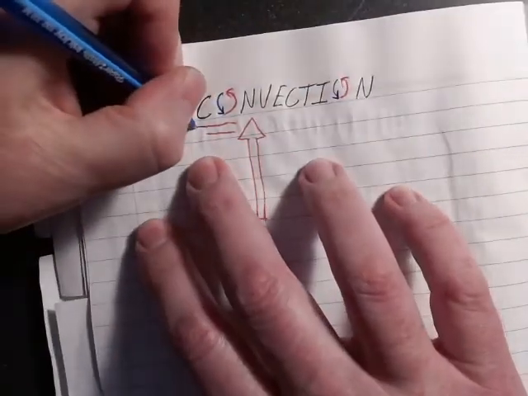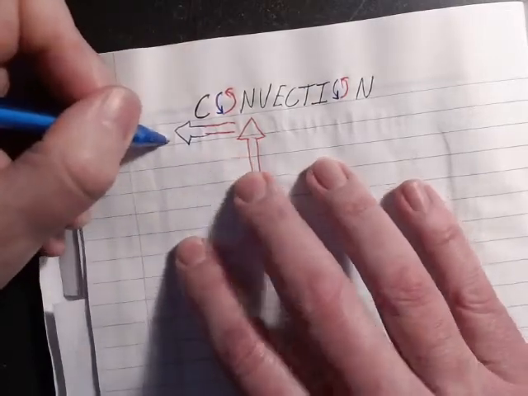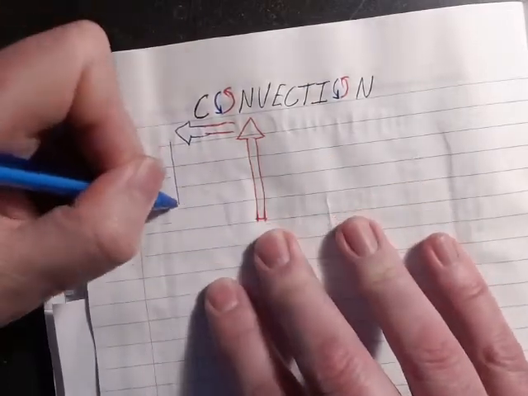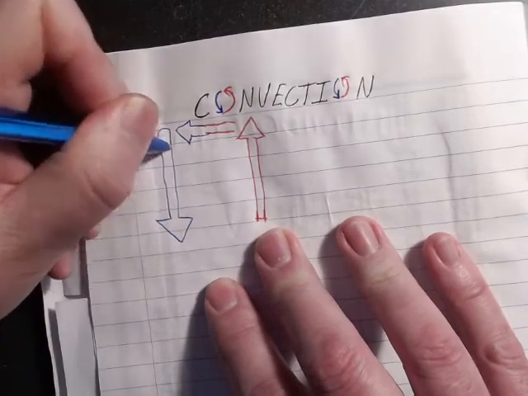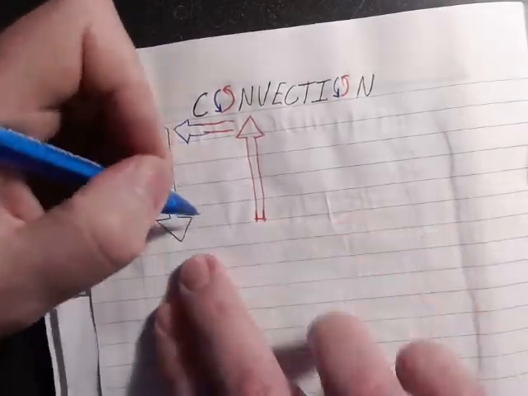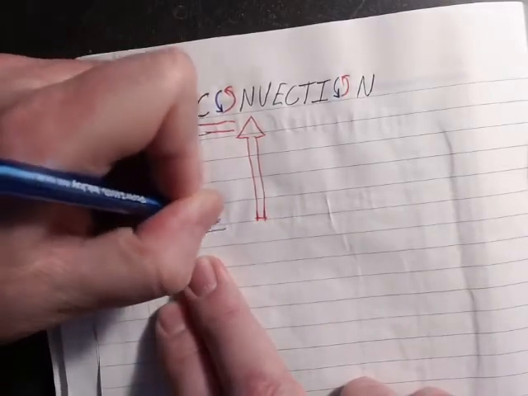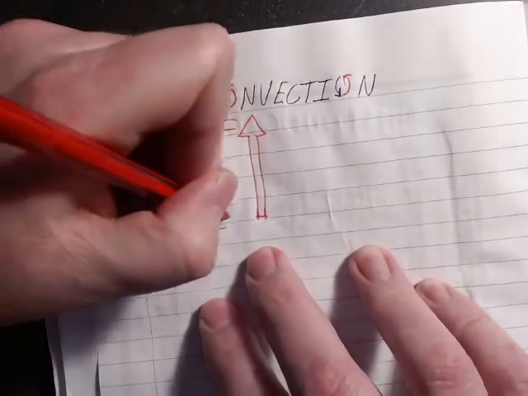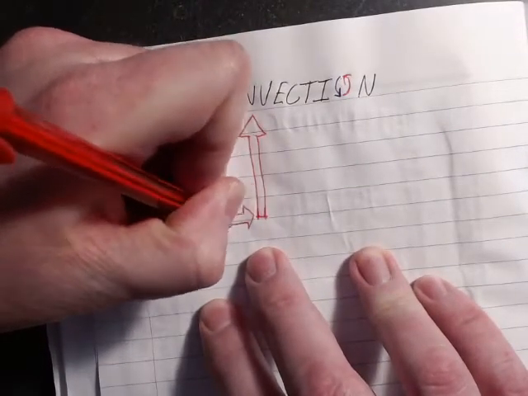So the air will cool off, and cool air falls, or cool water, or cool anything. Cool goes down. And then when it gets to the bottom, it starts over where the cool will start to warm up. And once it's warm, it will rise again.